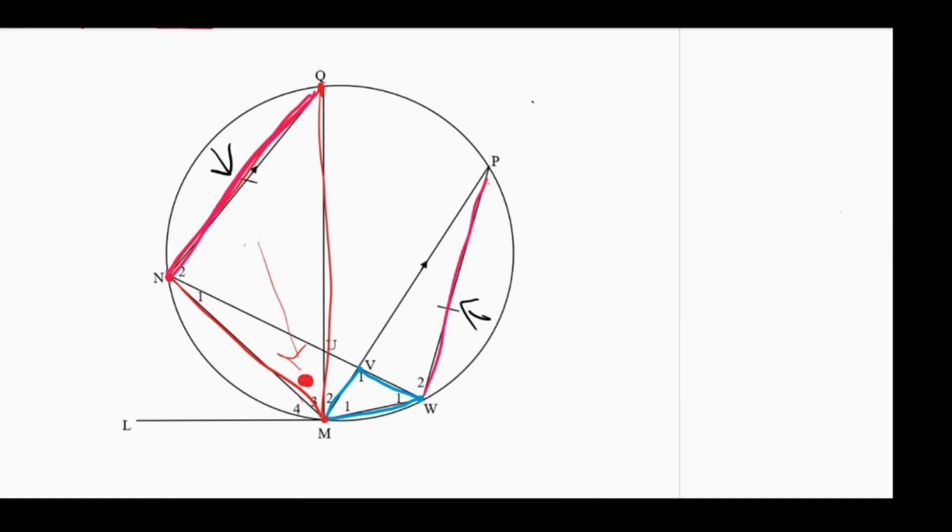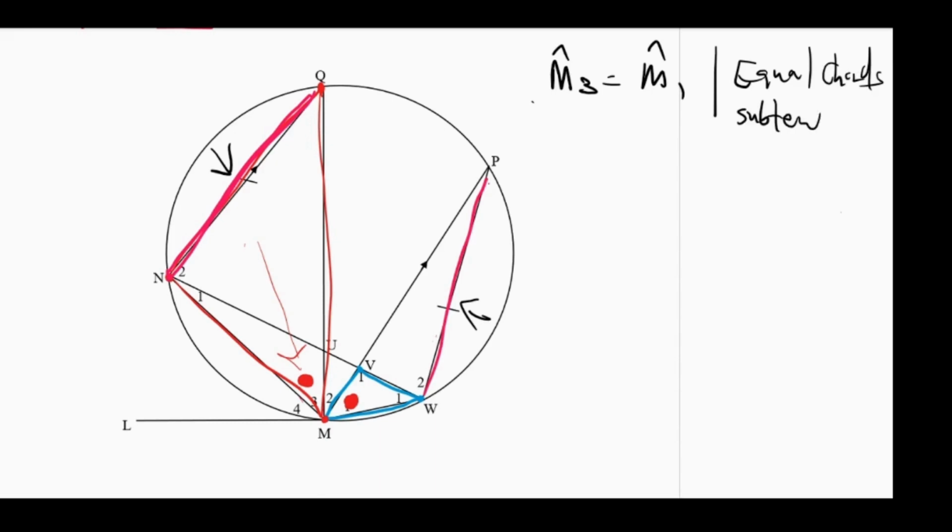So this angle here will be equal to the angle that is produced by this chord, which is this one here. So equal chords producing equal angles. So now this means that M3 is equal to M1, right? Equal chords subtend equal angles, right? So that's the first thing that is similar between these two. And another thing that is similar is this.